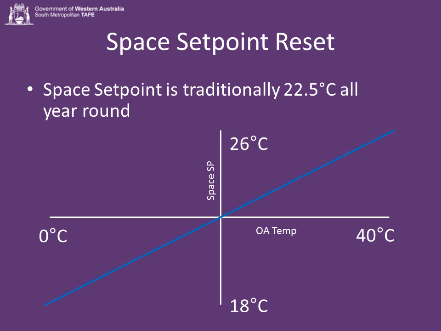It's been said that every 1 degree is a 15% saving in energy costs. So we're basically wasting 15% of our energy because some of the people in the office wear a jacket and tie. Stupid, really. But even more stupid is the fact that we don't actually like 22.5 degrees all year round.